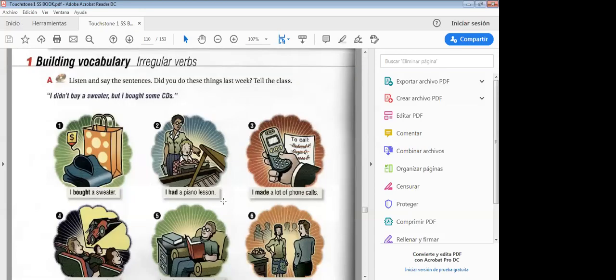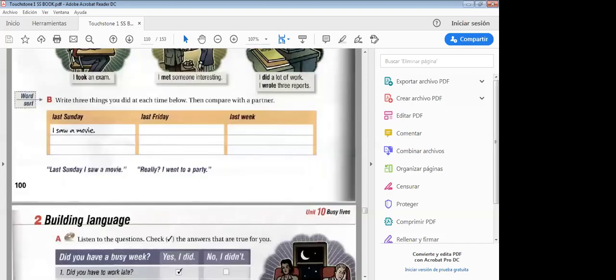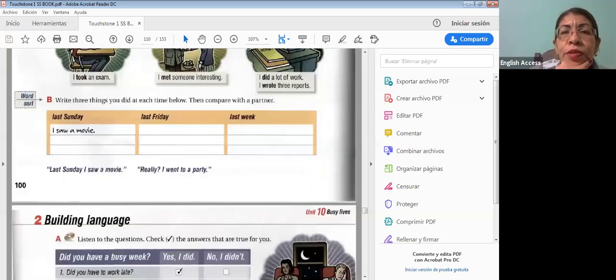No. Well, the homework for tomorrow is going to be what I'm gonna type here. The workbook, lesson B, unit 10. Okay, that's the workbook. I don't have the page here.